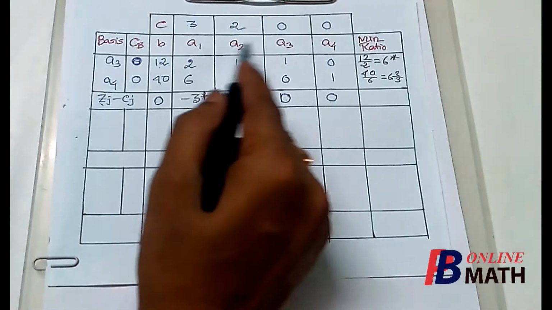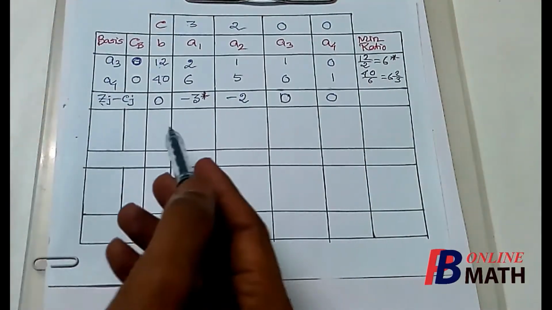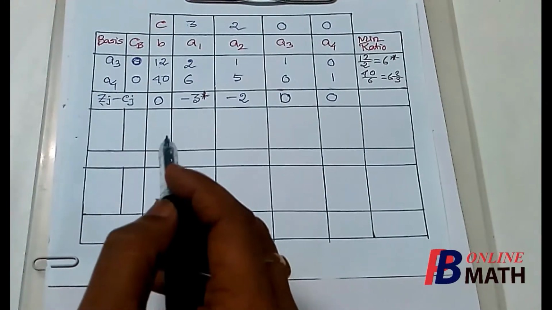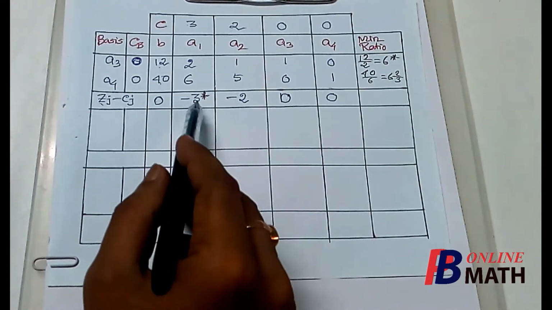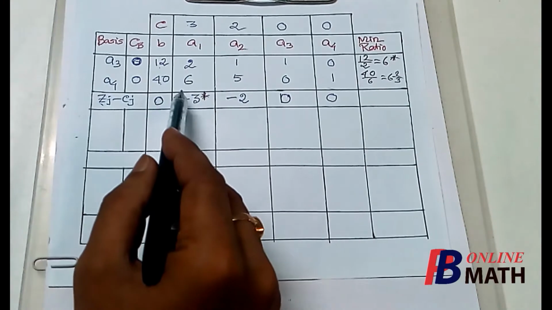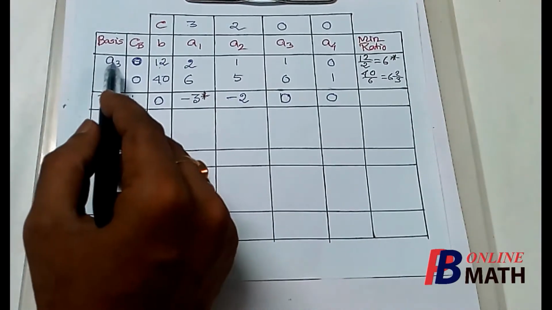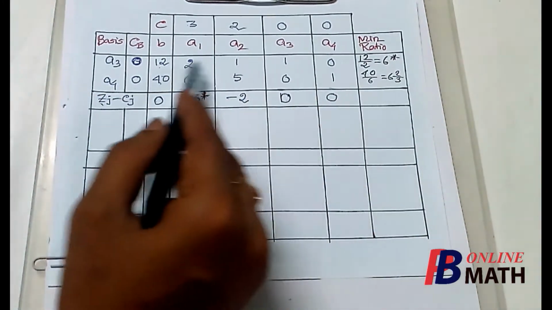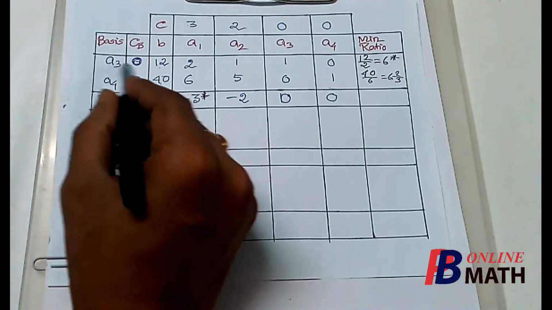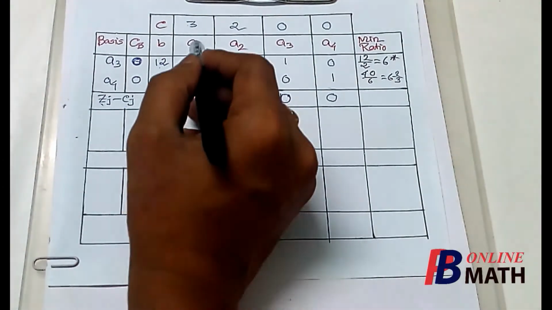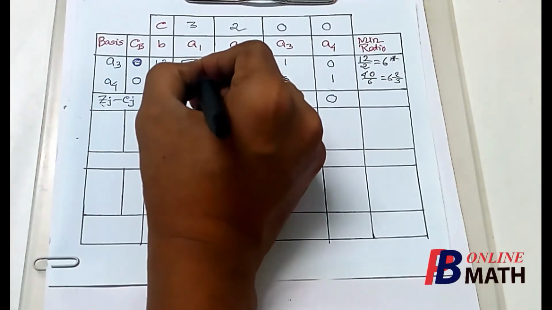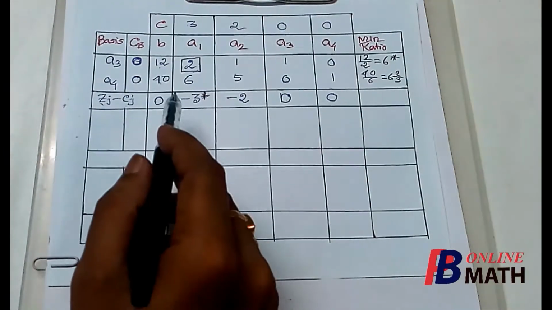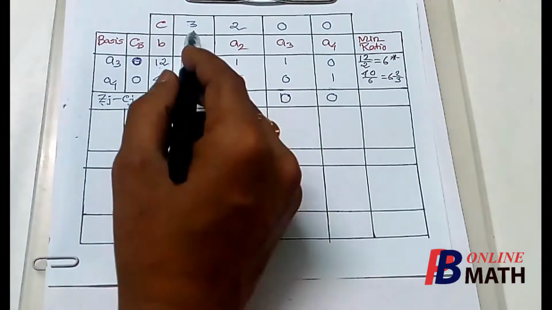So this is the first part of the simplex table. Now we shall compute the second part of the simplex table. Now here we have found that x1 is the variable which will enter the basis and x3 is the variable which will leave the basis. So if we consider this row and this column, then we find that this is the key element at the intersection of this row and this column.